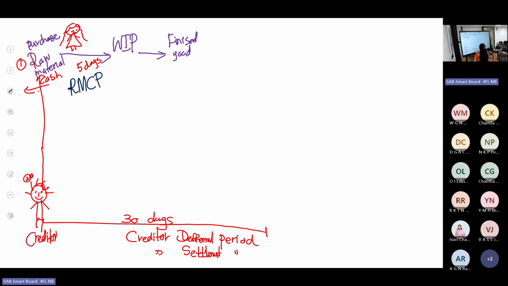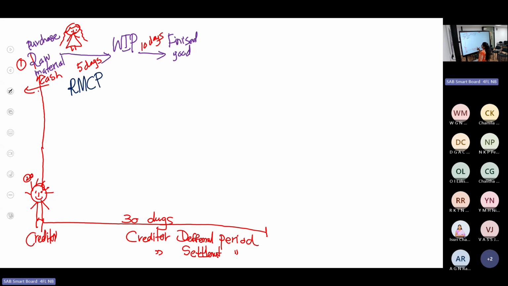Then second, within Sumudu's company, the production team has taken another 10 days in converting this work in progress to the finished good.